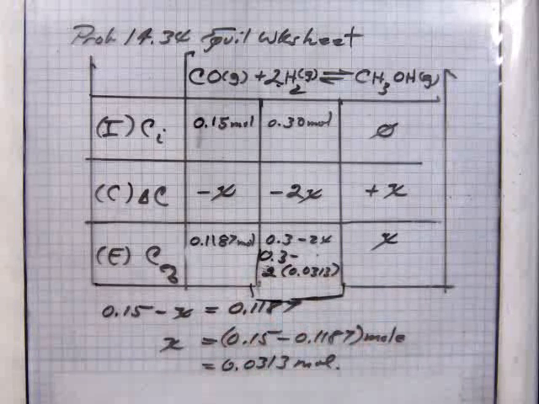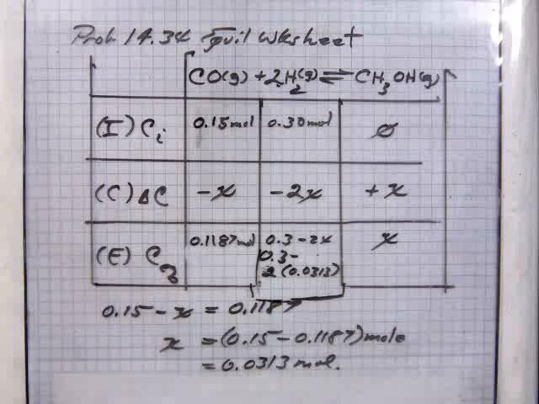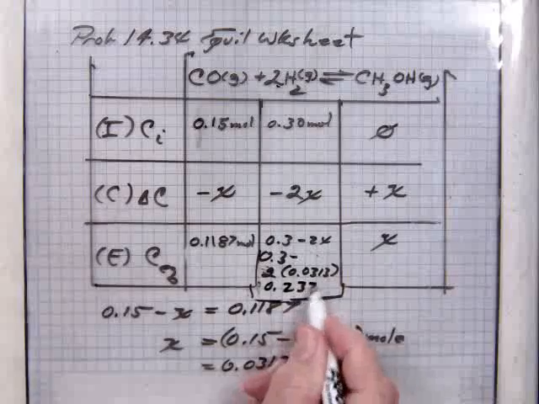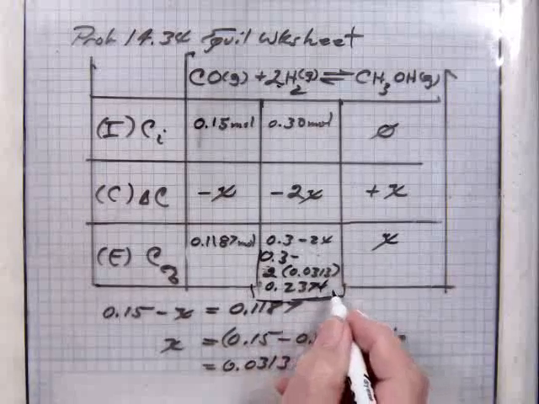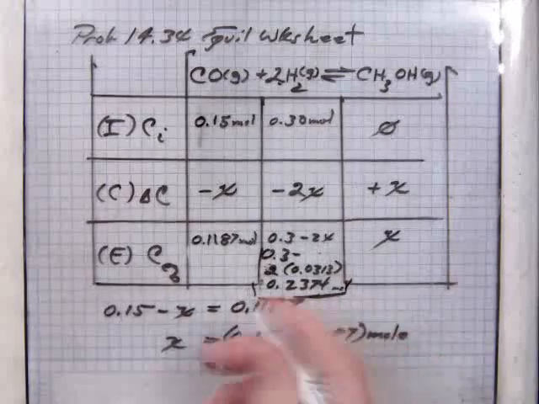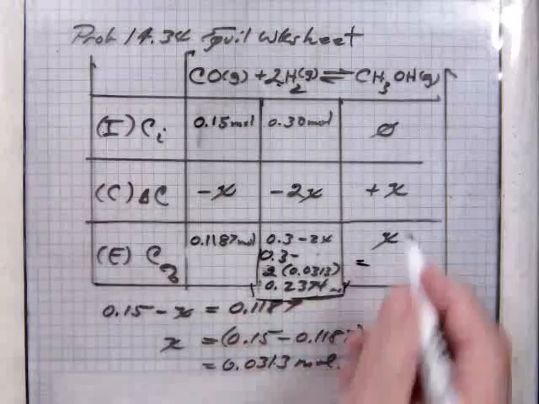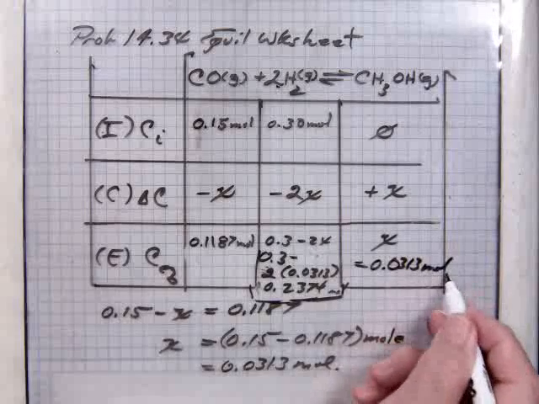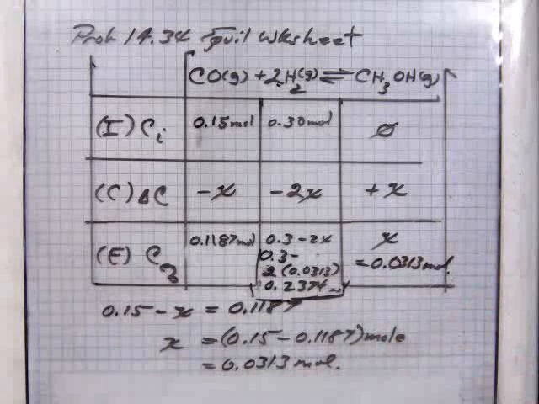Times 2, negative, plus 0.3, is 0.2374 mole right there. Of course, x is 0.0313 mole. Okay, so I think everybody has seen all of this. Everybody good so far? All right. Now, go on.